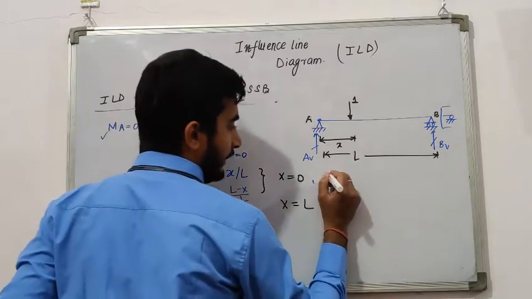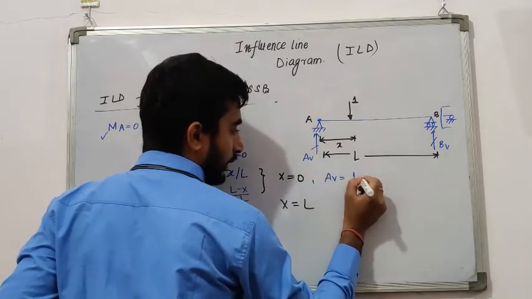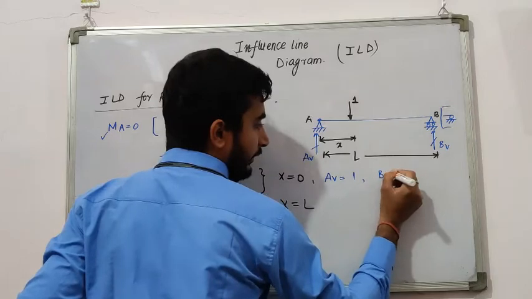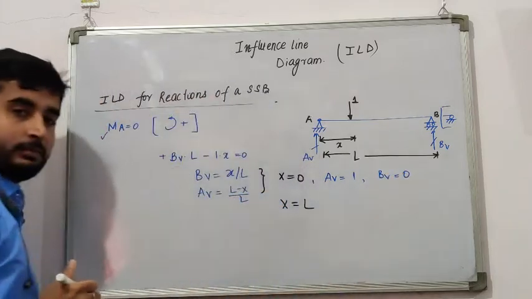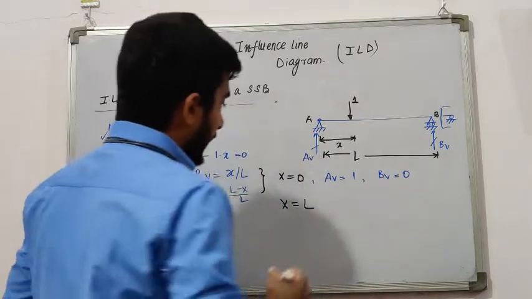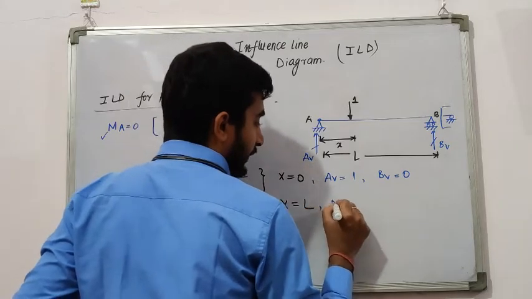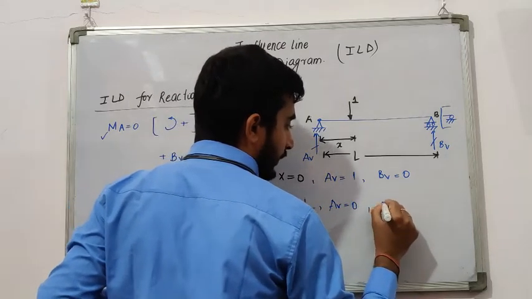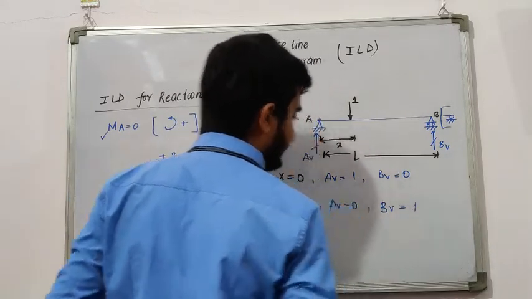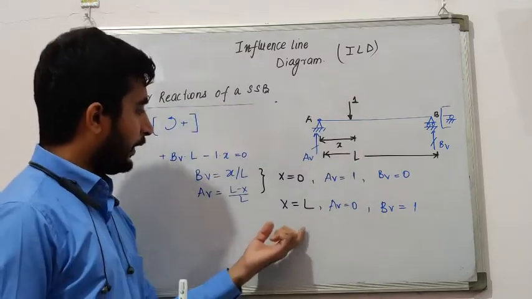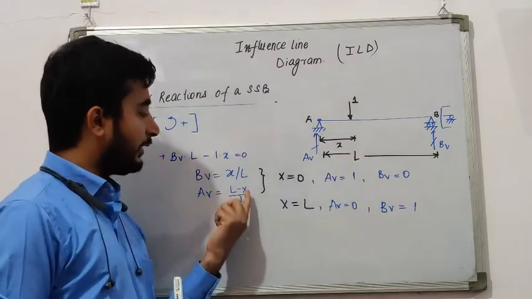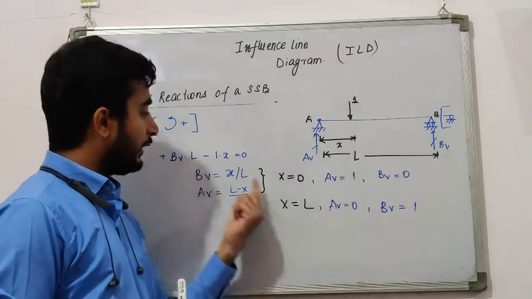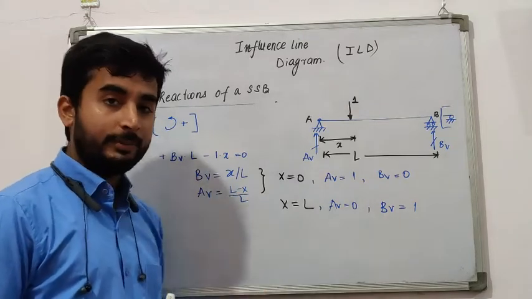So I get AV is equal to 1 and BV is equal to 0. And for x equal to L, AV is equal to 0 and BV is equal to 1. How? When you substitute L here, L minus L is 0, so AV goes to 0, and L by L is 1, so BV goes to 1.